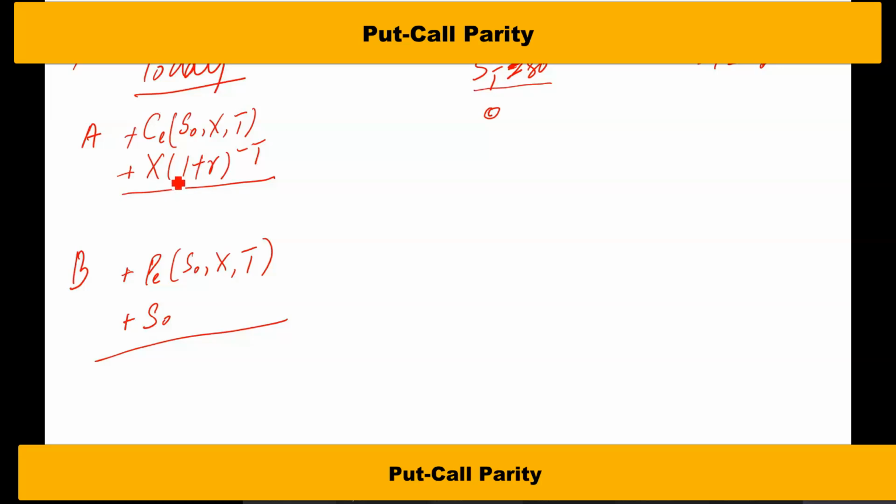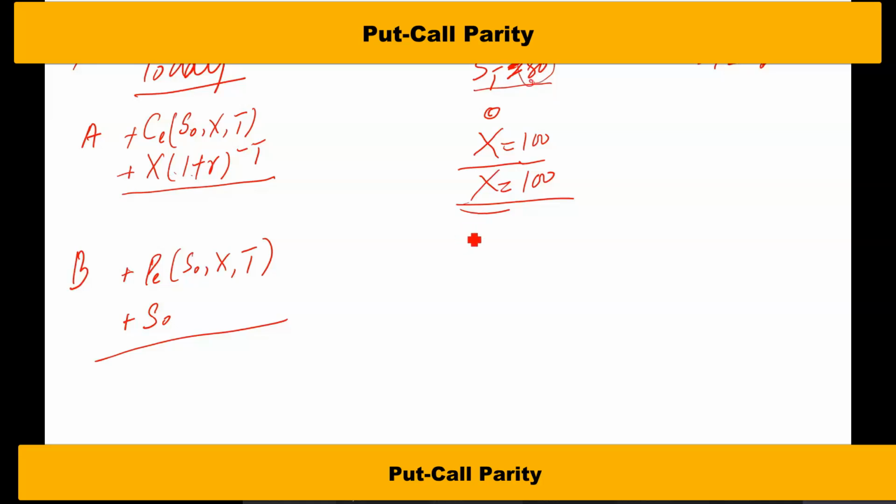So there will be a zero payoff from it. However, the investment in the risk-free bond will grow to its par value or face value, which is X. And let's suppose X is equal to 100. So my payoff here is X, which is 100. What about portfolio B? I have the right to sell the share of this company for $100 and it is selling in the market for 80. So I will exercise my put option.